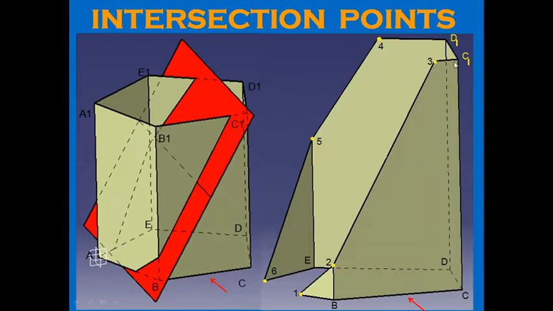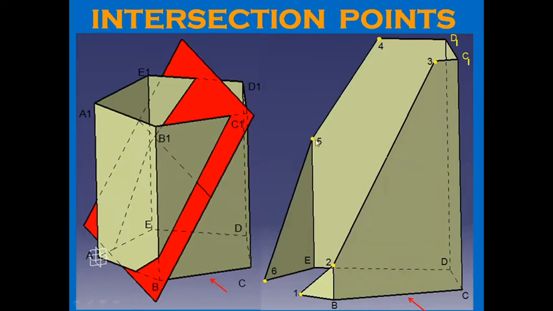You can see 3 is some distance from C1. So this is the third intersection point. Now here you find the fourth intersection point. The cutting plane or section plane is cutting the top face edge D1E1 at this point. So this point is 4. It is at some distance from D1. You can see 4 is some distance from D1.